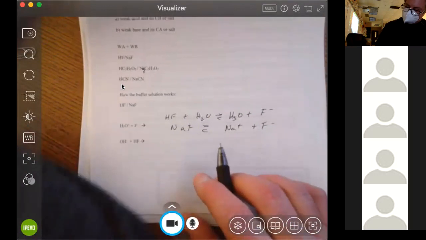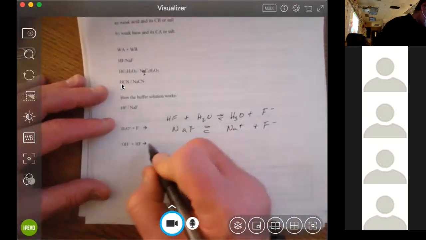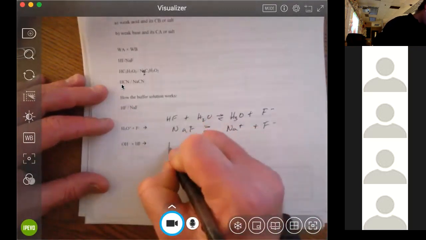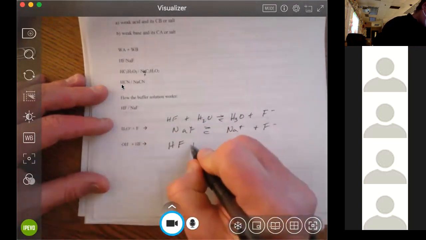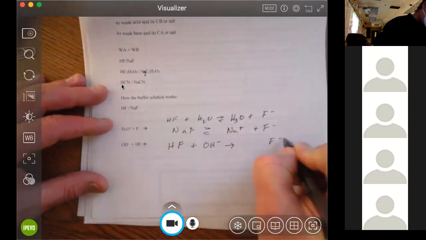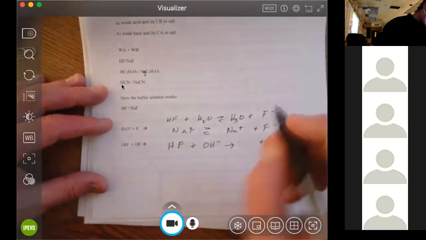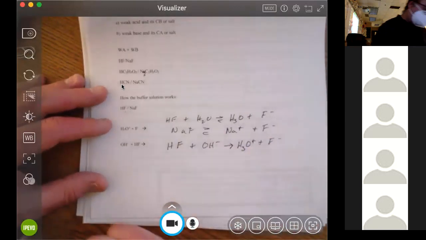But whenever it comes to the OH negative, let's do it here. So we have HF in there as well. If we add OH negative, what we're going to get is F negative, and the OH negative is going to be picked up by that H plus, which will then give us H3O plus.